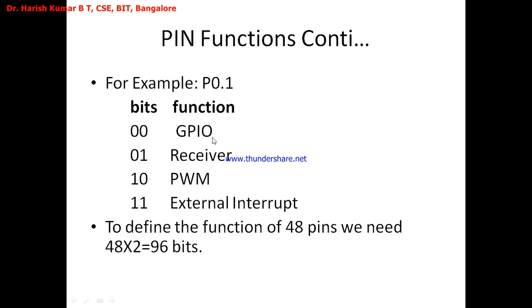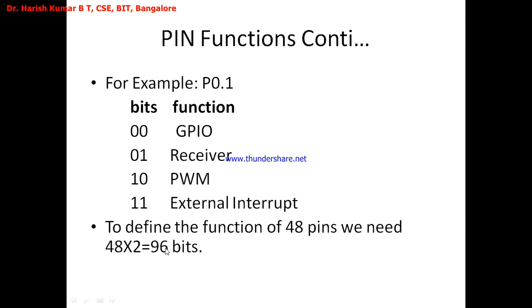So P0.1 acts as the receiver with 0 1, and when I make it 1 0, P0.1 acts as PWM, and similarly if I make it 1 1, this particular pin acts as the external interrupt.